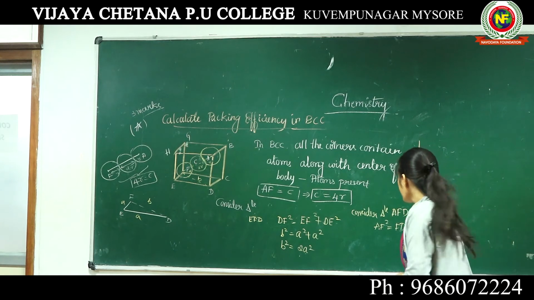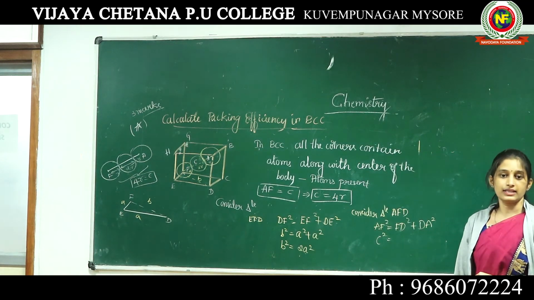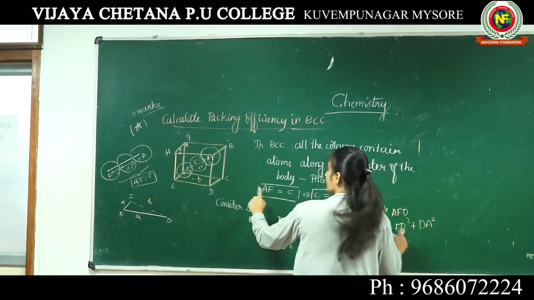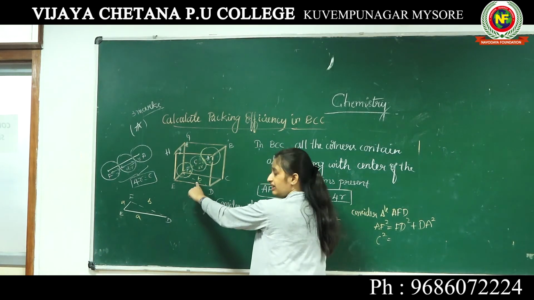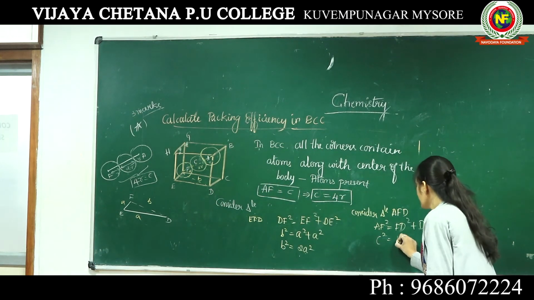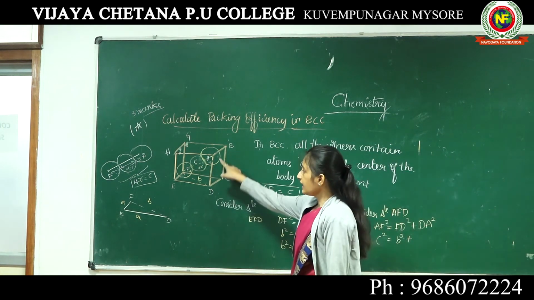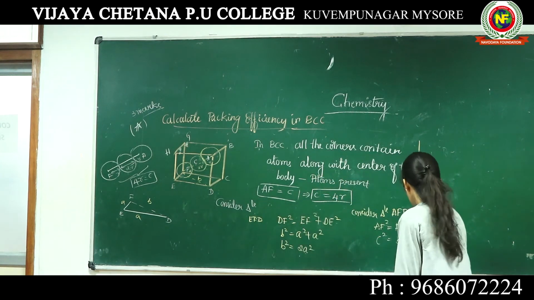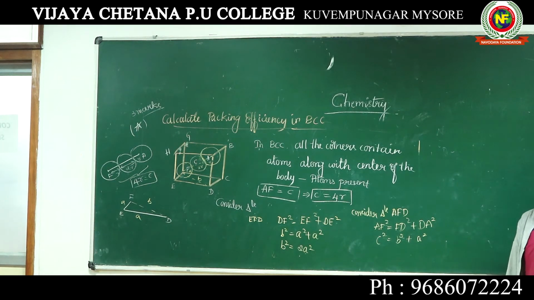AF square is nothing but C square is equal to, see, FD is nothing but B value, B square, plus DA. It's nothing but the edge, na. That's why A square. Is it clear now?